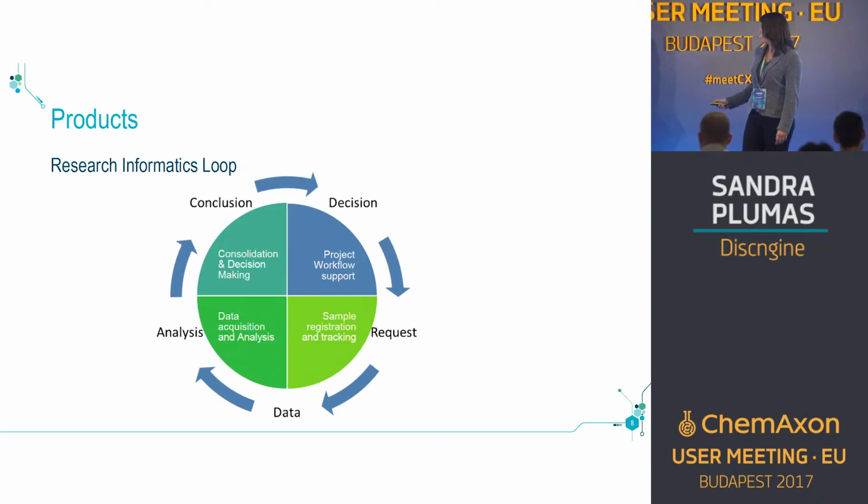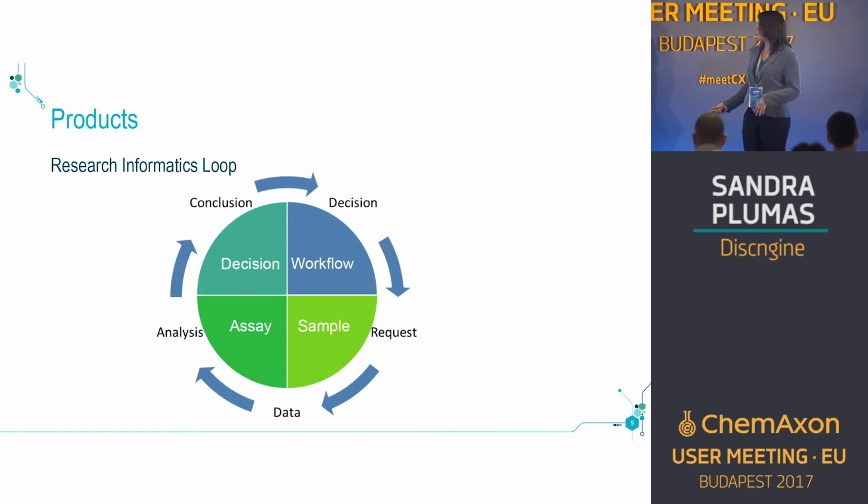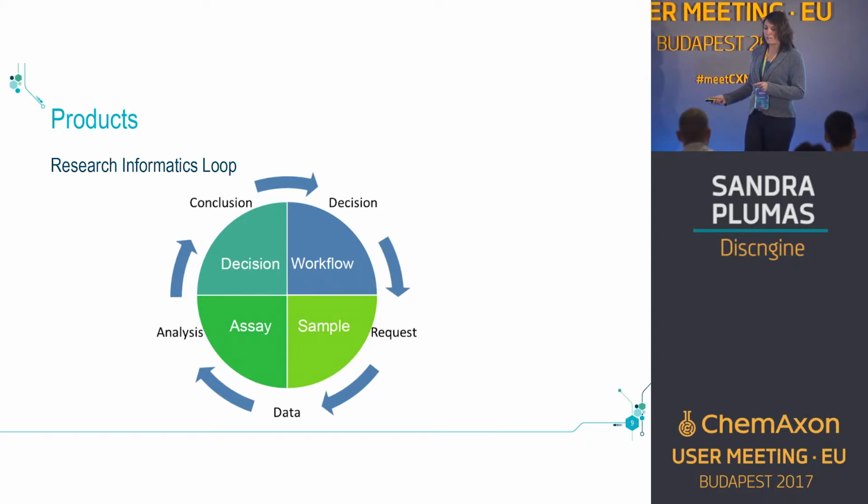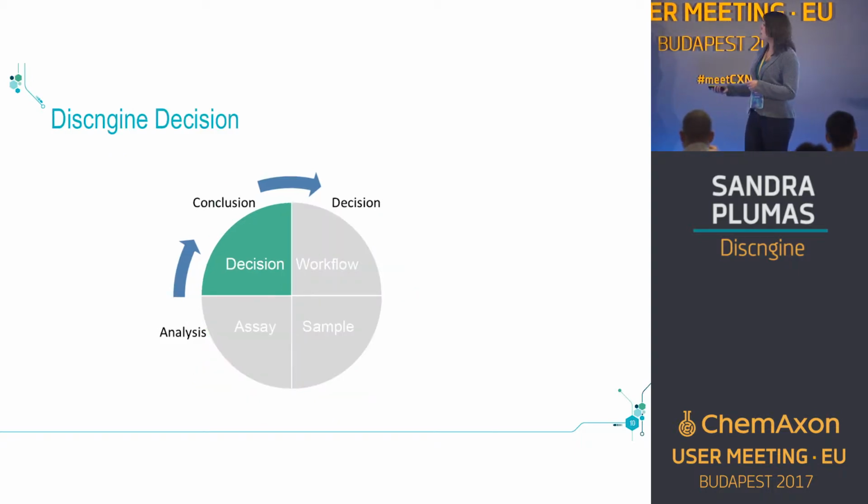And after that, there is a phase of data consolidation, and the user must make a decision and conclude about the molecules he wants to keep in his research project. So here are the corresponding applications name: workflow, sample, assay, and decision. And today we'll focus on decision, in which I'm personally involved.